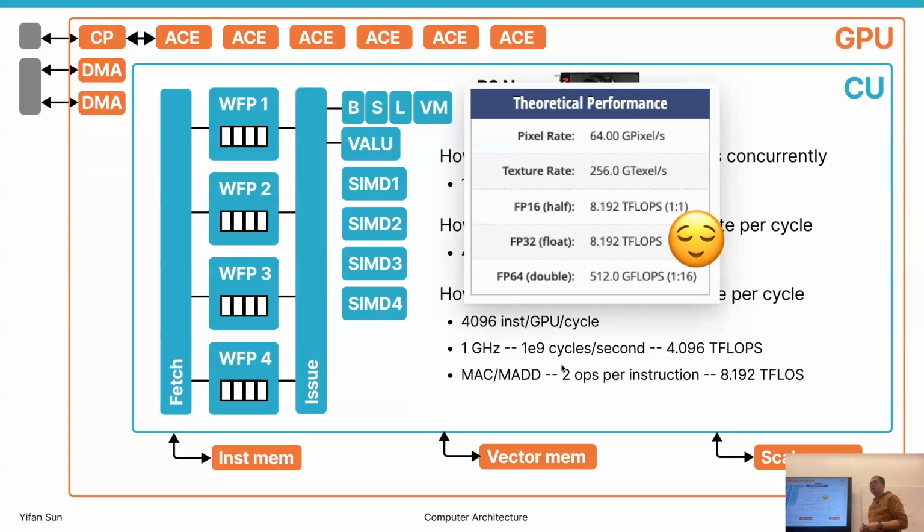Now with tensor cores, it can be more than 10 times faster than this. We'll talk about tensor cores later. But here, this is what they can achieve at this level. Okay, so in the second half of the semester, we're definitely going to talk about how tensor cores work. But that's I would say that's even not a part of the GPU. It's something like a TPU or NPU, that type of architecture.